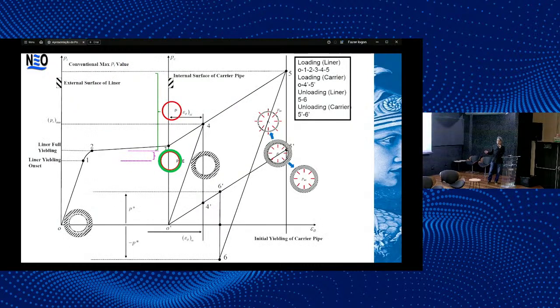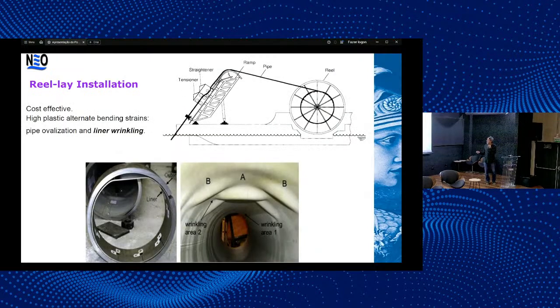So this is a schematic of the hydroforming process, where we can simulate all stages of fabrication. And we are at the moment studying the simulation of the reel-lay installation method for the combined mechanical line pipe. You can see what can happen.